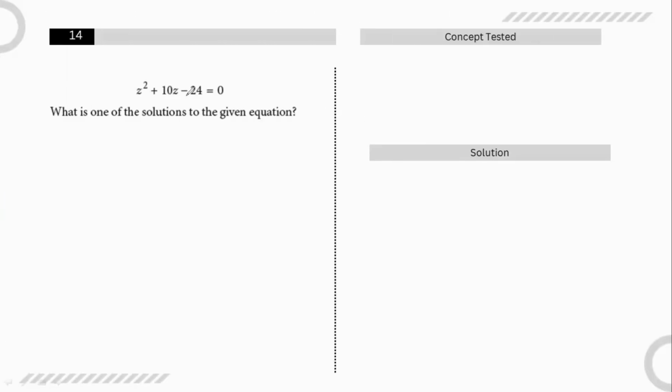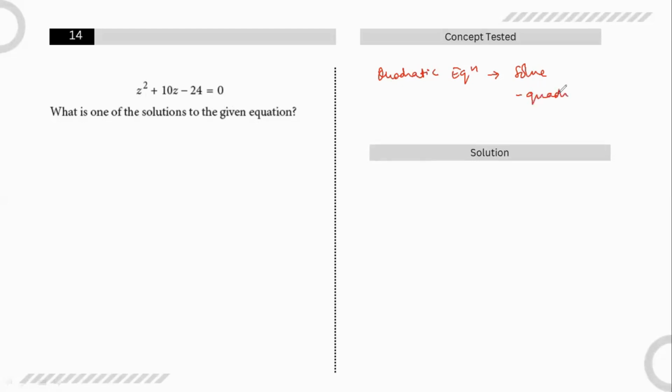Let's do z squared plus 10z minus 24 is equal to 0. What is one of the solutions to the given equation? Now that means this is a quadratic, right? The concept tested is quadratic equations. You have to solve this quadratic equation, right? Now there are many approaches. First is the quadratic formula. The second is middle term splitting.